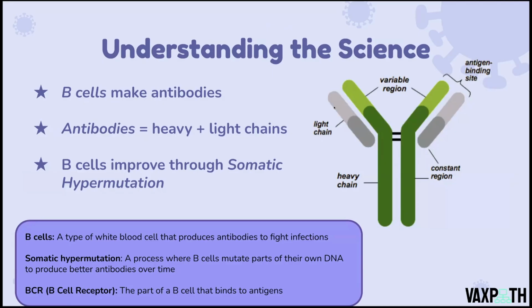The heavy chain is the longer part in the green, and the light chain is the shorter part in gray. Their main job is to essentially recognize and bind to specific parts of a virus called antigens. And once they bind, they either block the virus from entering your cells or they signal other parts of your immune system to come in and destroy the virus.